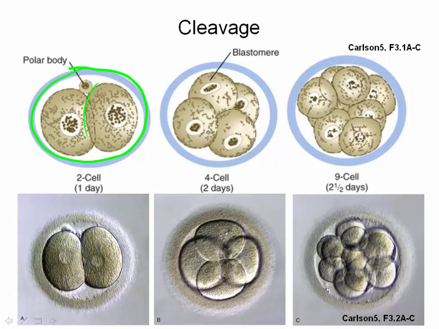Instead, the large parent cell continually divides into two smaller cells, and then from there to here. This unusual pattern of cell proliferation is termed cleavage, and the cells produced are referred to as the blastomeres.